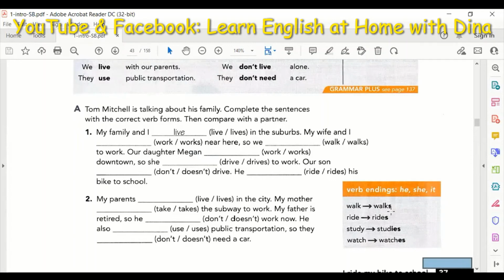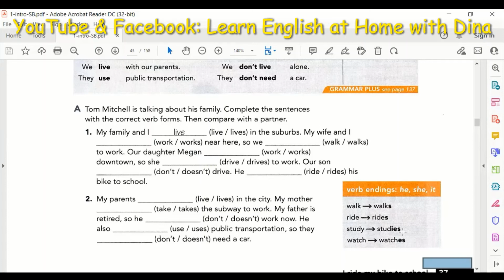For the verb ride, I just add an s and it becomes rides. Walk, walks. Ride, rides. And take care of the pronunciation. خدوا بالكم من نطق الاس، وقفنا عليه قبل كده في البلورال والسينجولار وإزاي الاس دي بتتنطق بطرق مختلفة. لو في حد كان حاضر معانا من البداية أكيد عارف إحنا بنتكلم عن إيه.